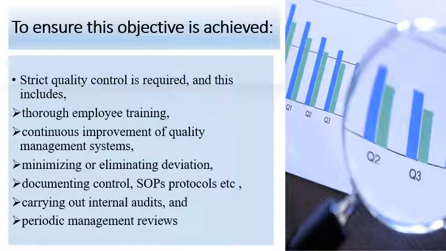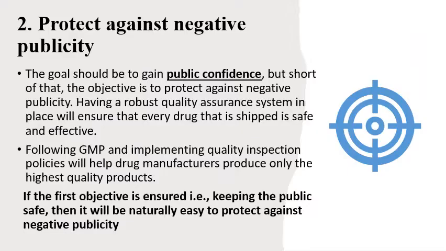The standard operating procedure must be adhered to. Then documenting control: SOP protocols must be properly kept so that everybody can follow the guidelines and ensure that they are adhering to it. There's no deviation, there's no change in the formula, there's no change in the way they carry out some of their production. Then they must carry out internal audits and periodic management reviews to ensure that the goals are achieved.